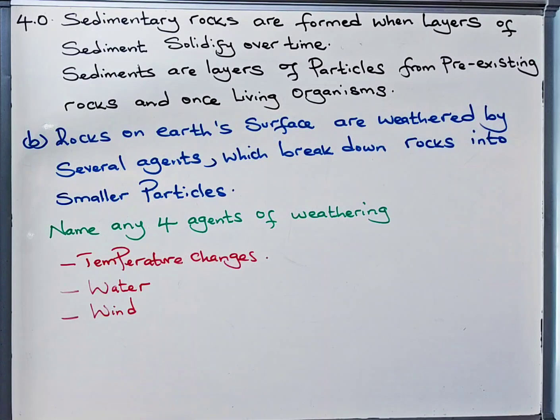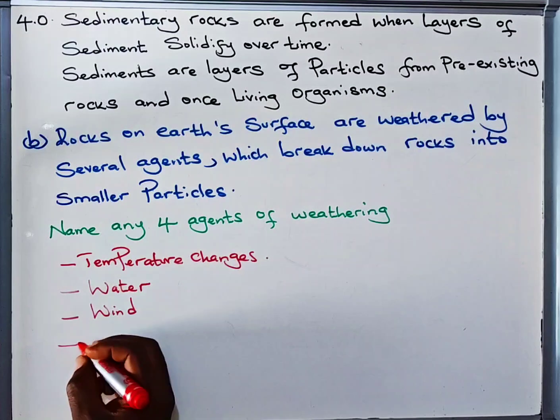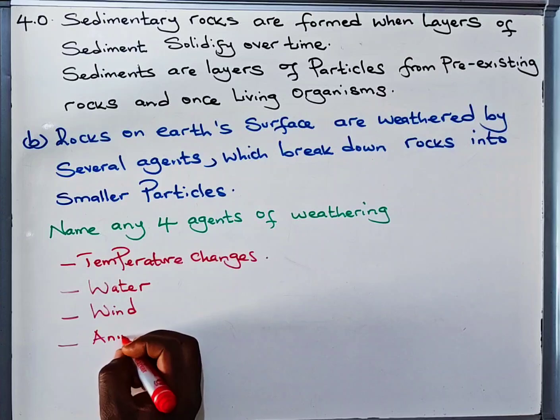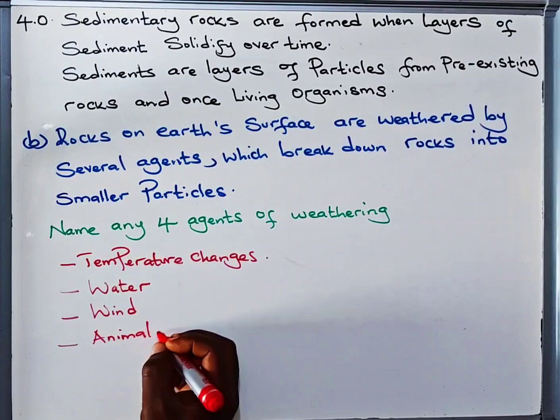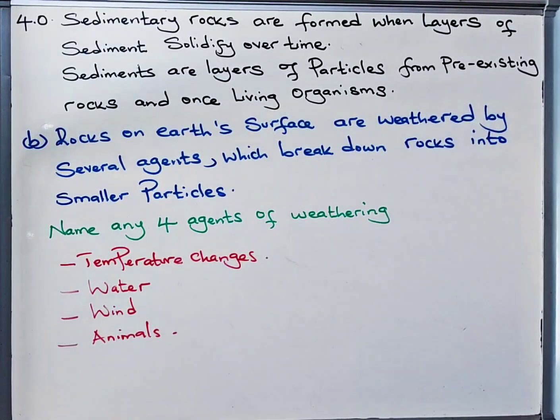It can also break down rocks into smaller particles. Another agent is animals. The movement of animals, especially herds of animals, has the capacity to break down rocks and cause weathering.